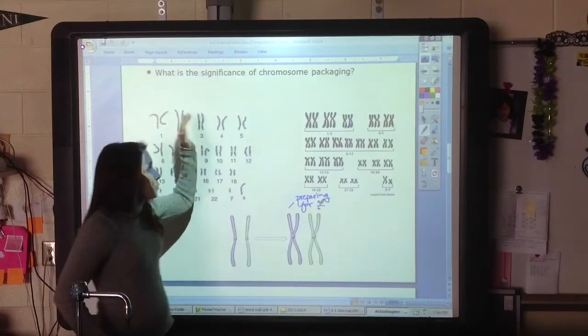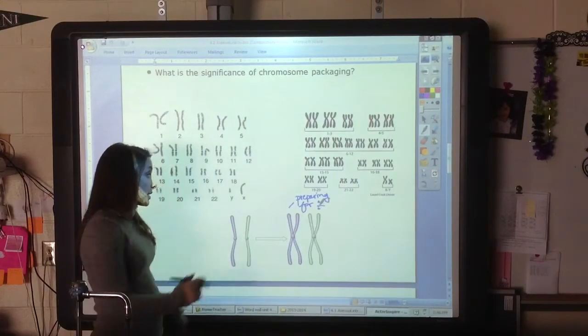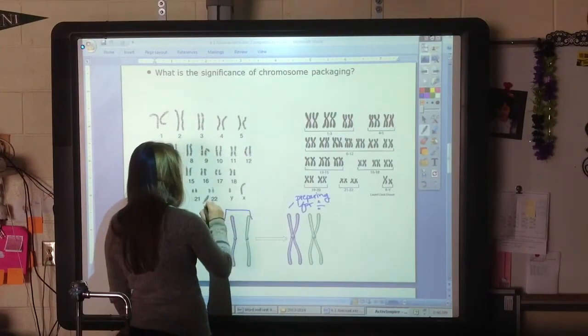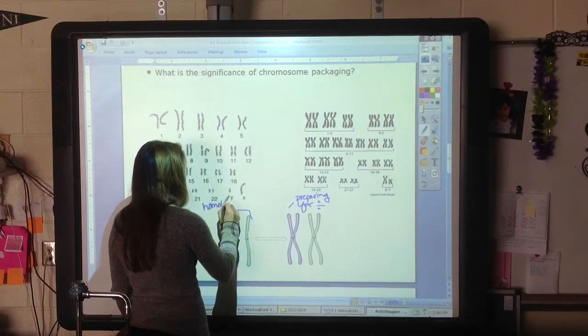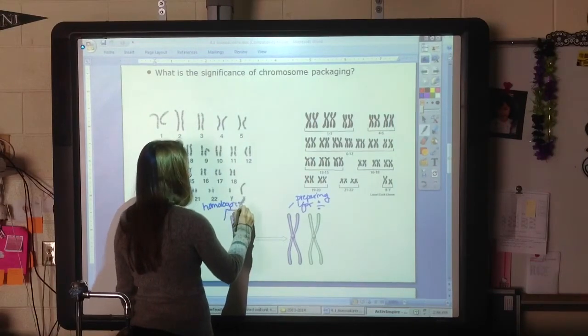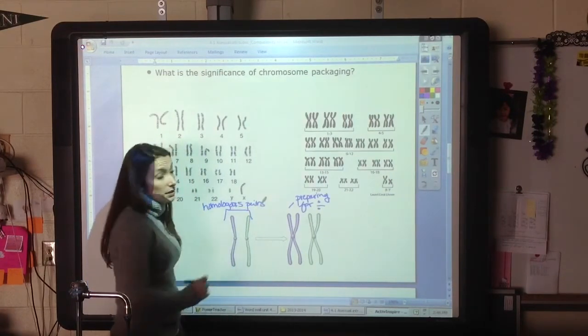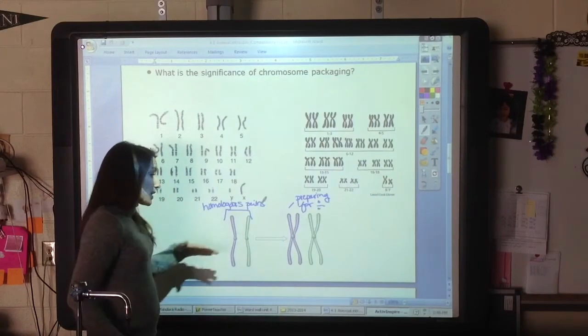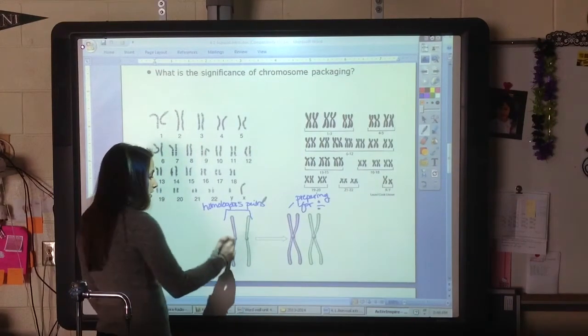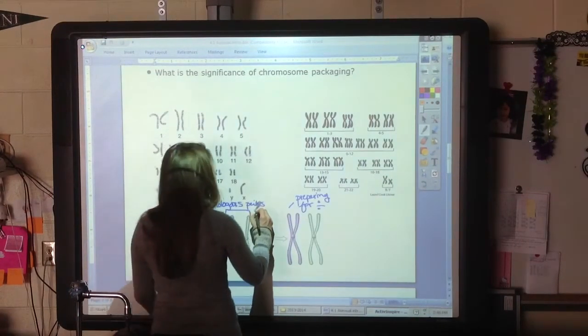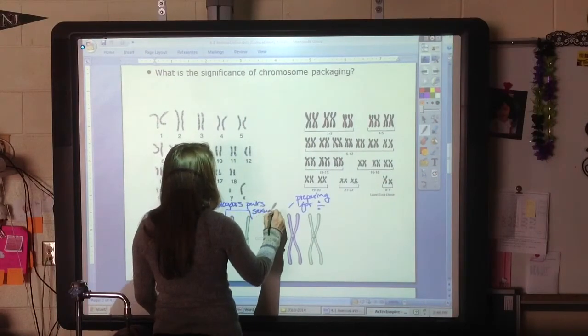Interestingly enough, we talked about how our chromosomes come in pairs. These pairs are called homologous pairs. And we'll talk much more about homologous pairs later. One thing we do want to know for right now is that homologous pairs are found in sexually reproducing organisms.